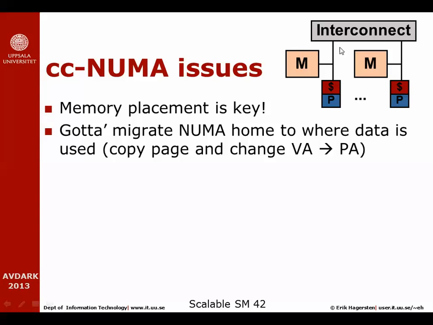And the way to do that is you copy all the data from that page over to a new fresh page over here, and then you change the virtual to physical mapping. Instead of pointing to that old page over here, you will now make that mapping point to the new location to where you migrated the data.